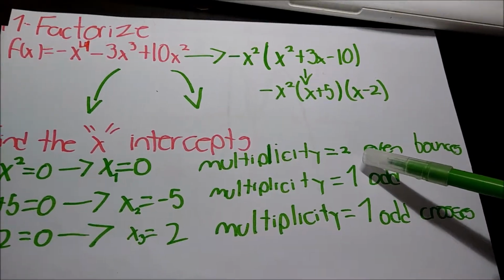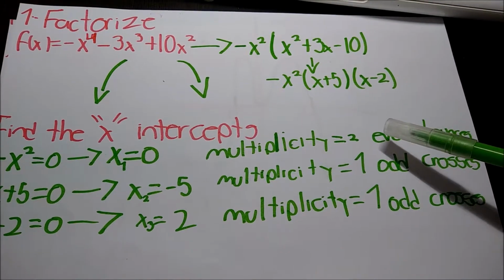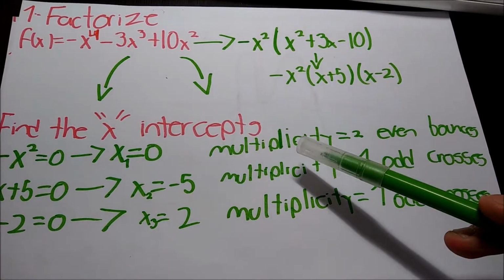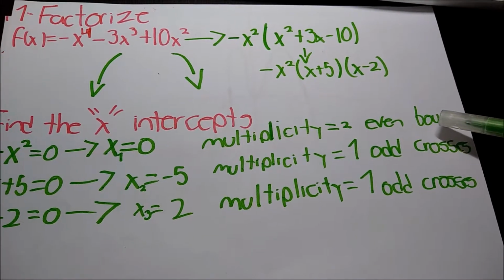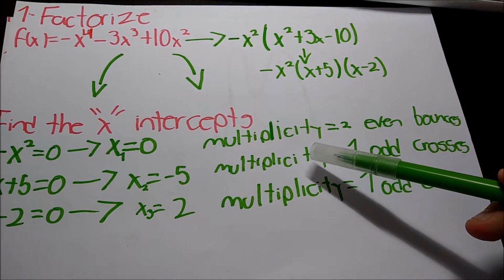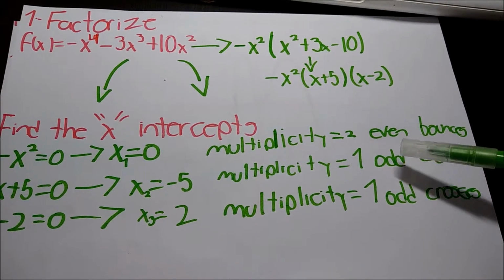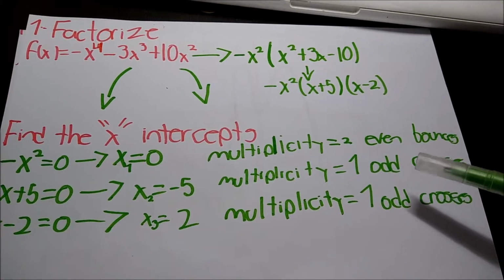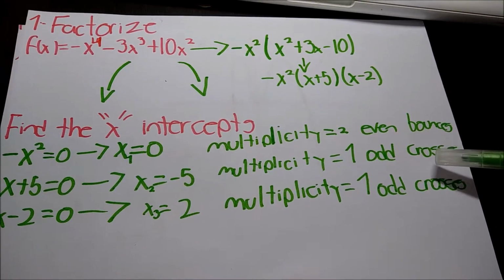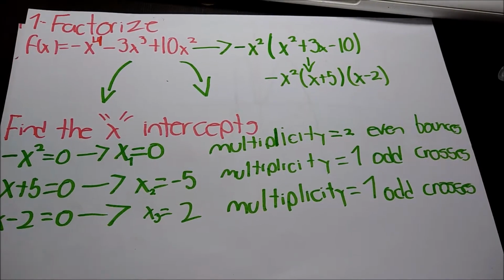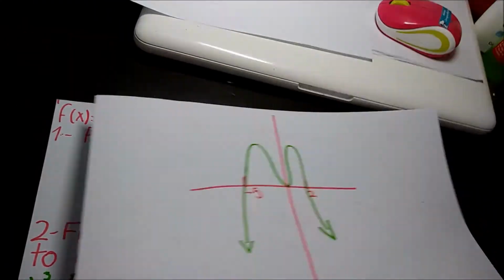The degree is even here, so in the graph the behavior is that at the 0 value, it will bounce on the x-axis, and with an odd degree, it will cross the x-axis. And here we have the final graph.